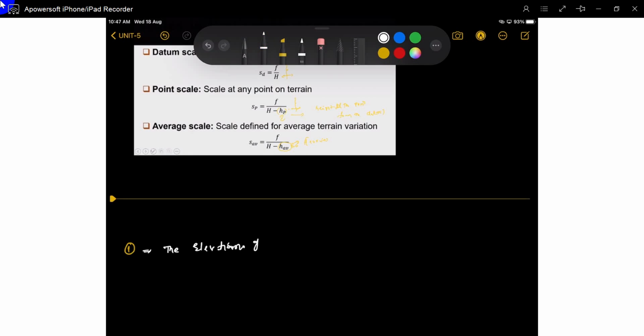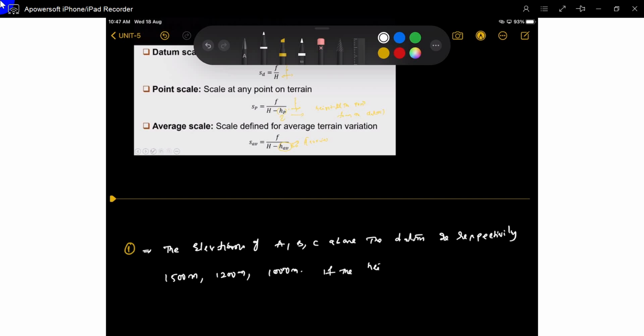The elevations of three different points A, B, C above the datum are respectively 1500 meters, 1200 meters, 1000 meters.